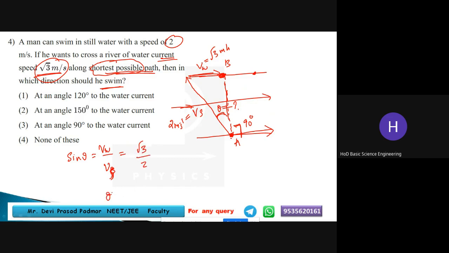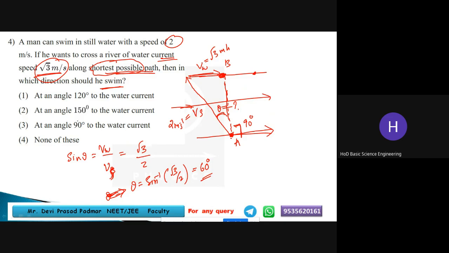So sin theta is root 3 by 2, which implies theta equal to sine inverse of root 3 by 2. That is 60 degree. Now theta is 60 degree.